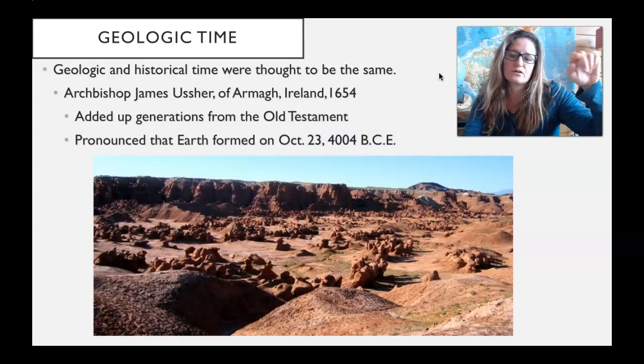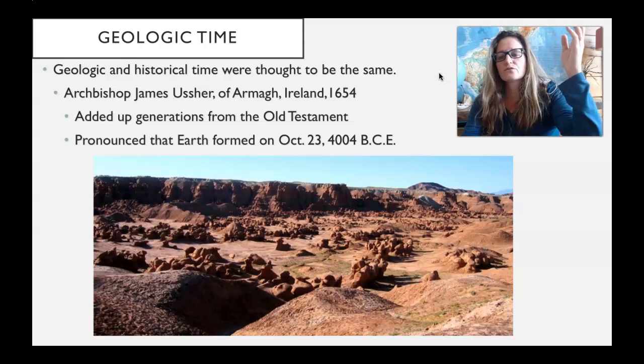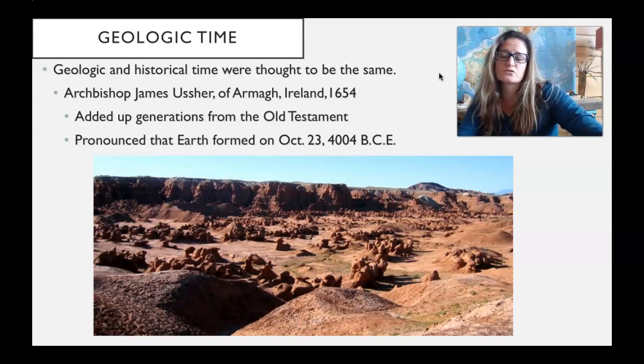There was an archbishop who in 1654 went back through the history of the Old Testament, looked at generation after generation, and came up with a birthday for the earth as October 23rd, 4004 BC. So that was really thought of as the age of the earth for a long time, till we realized there's a whole history of the earth that goes back billions of years, not thousands of years.